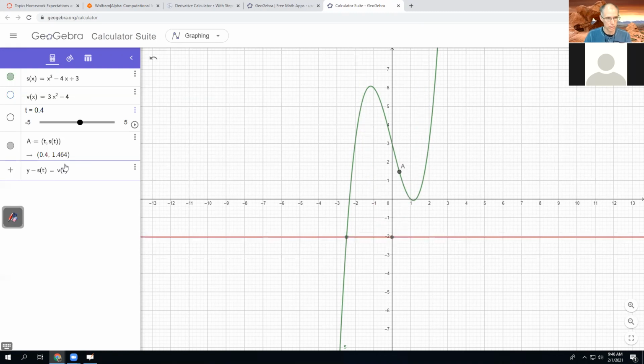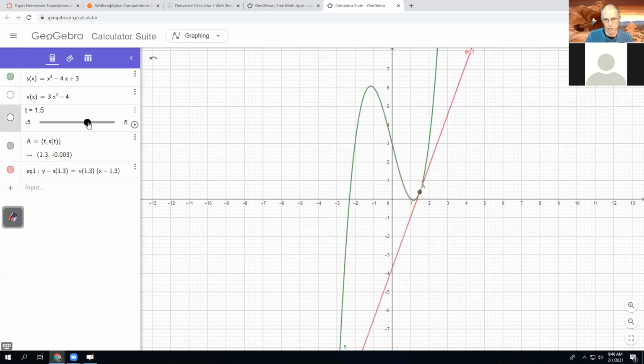Don't worry about how I'm doing this, but the result is kind of cool. All right, so there's my tangent line right there. As I move my slider, I can see the tangent line change, and I can grab the point and make that happen too.